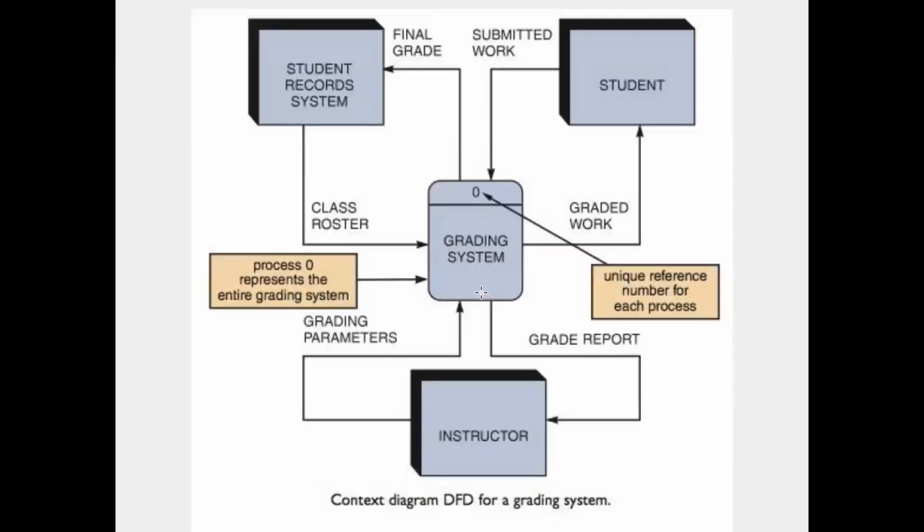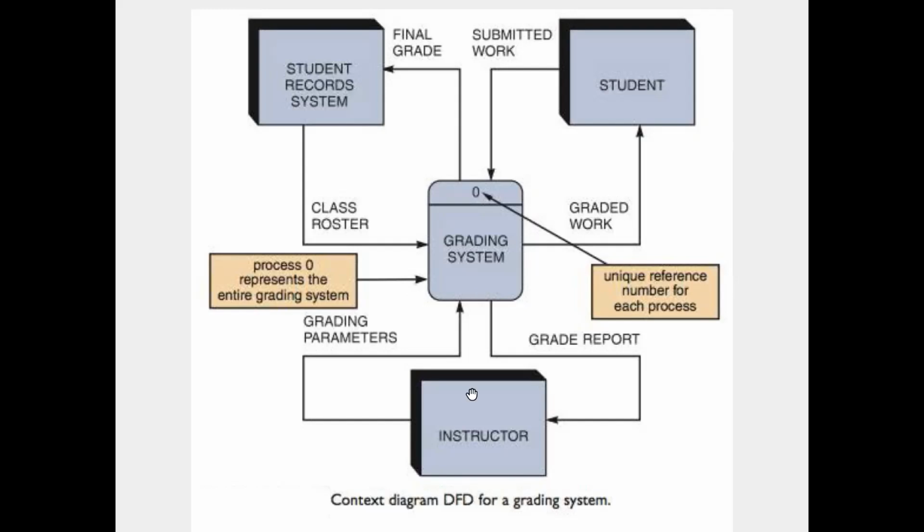Now let's start with our grading system. When you talk about the grading system, we have student, we have instructor, and we have student.